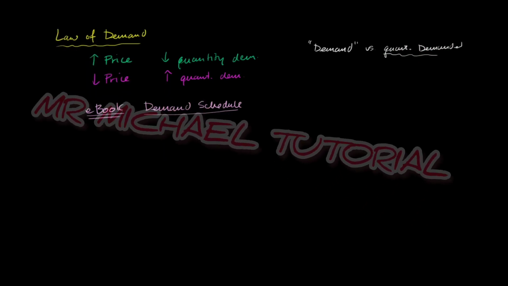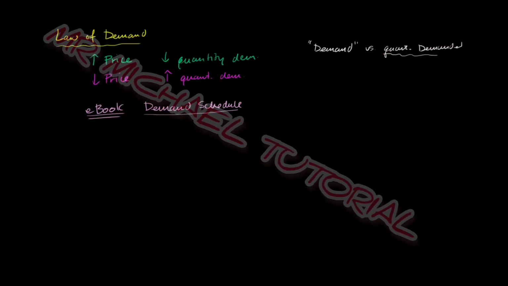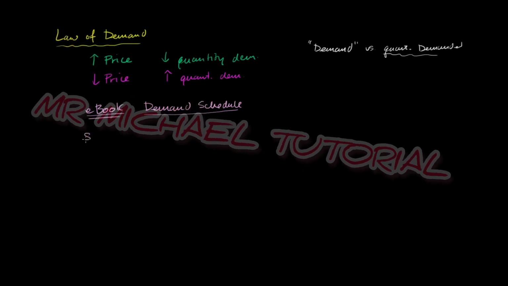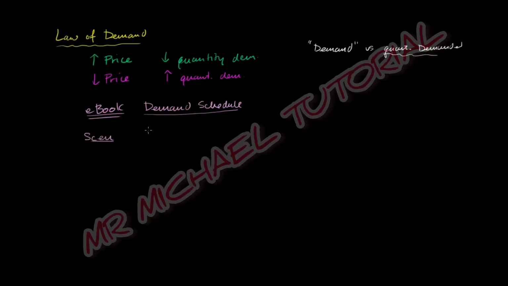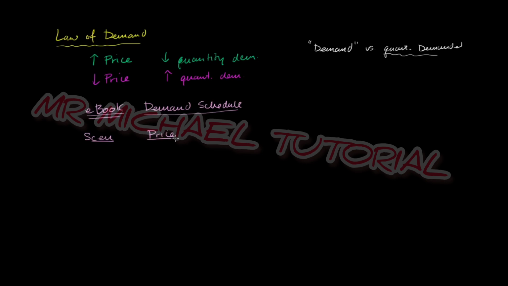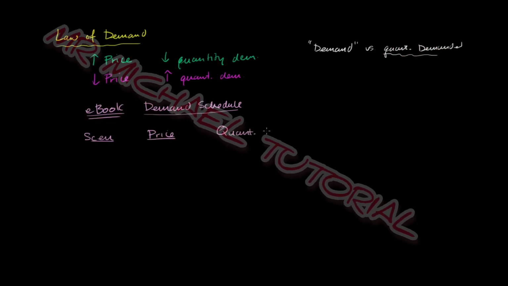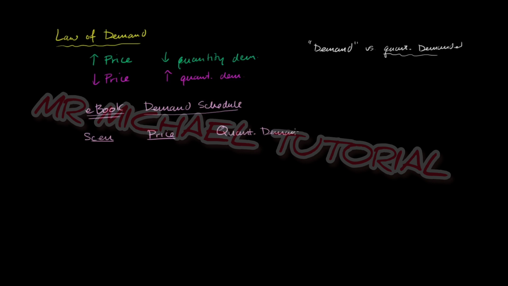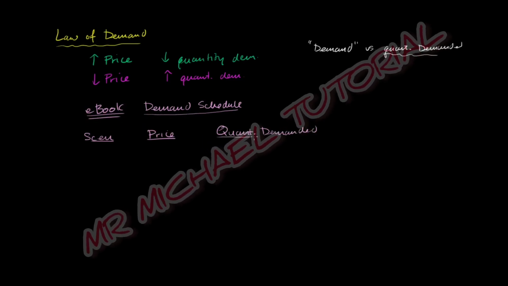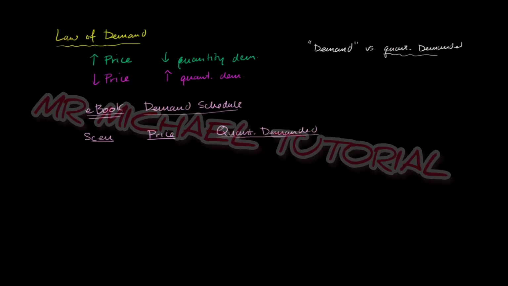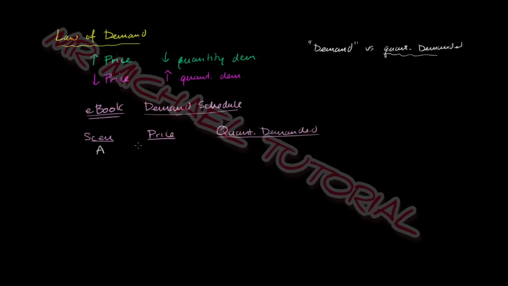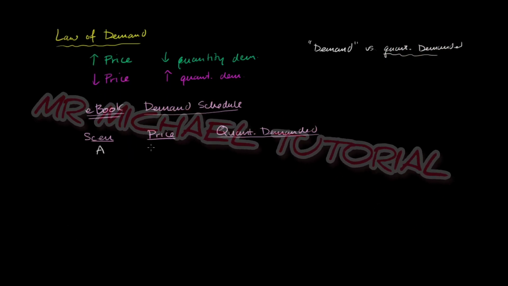So we're going to have multiple scenarios here. This column, let me do my scenarios. This column, let me put my price. And this column, let me put my quantity demanded. So let's call this scenario A. I could price my book at $2.